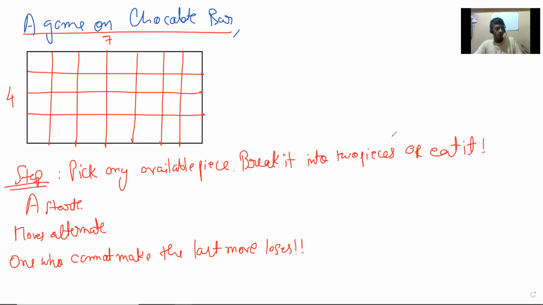So basically A wants to eat the last piece of chocolate. So what should A ensure at each step so that he ends up eating the last piece of chocolate? So A will leave 0 chocolates for B. That is the thing.